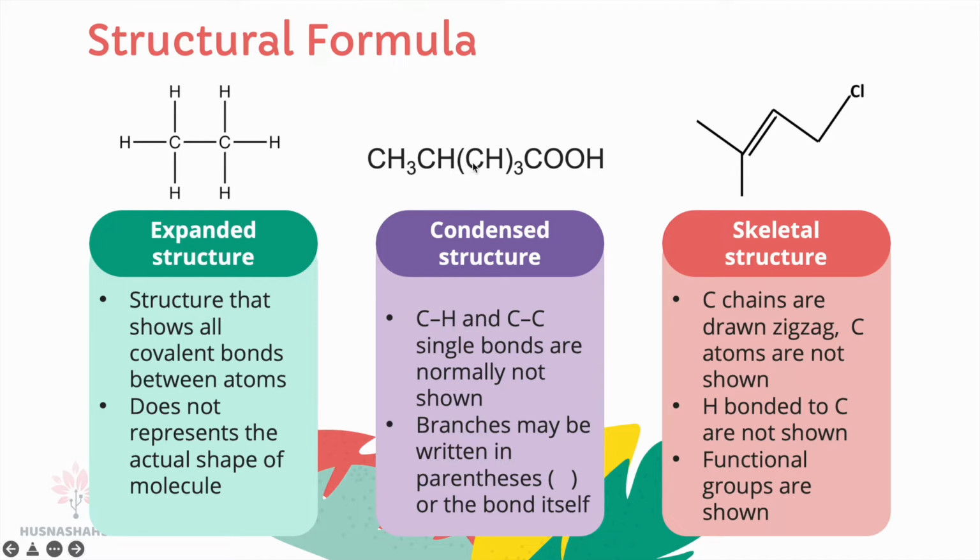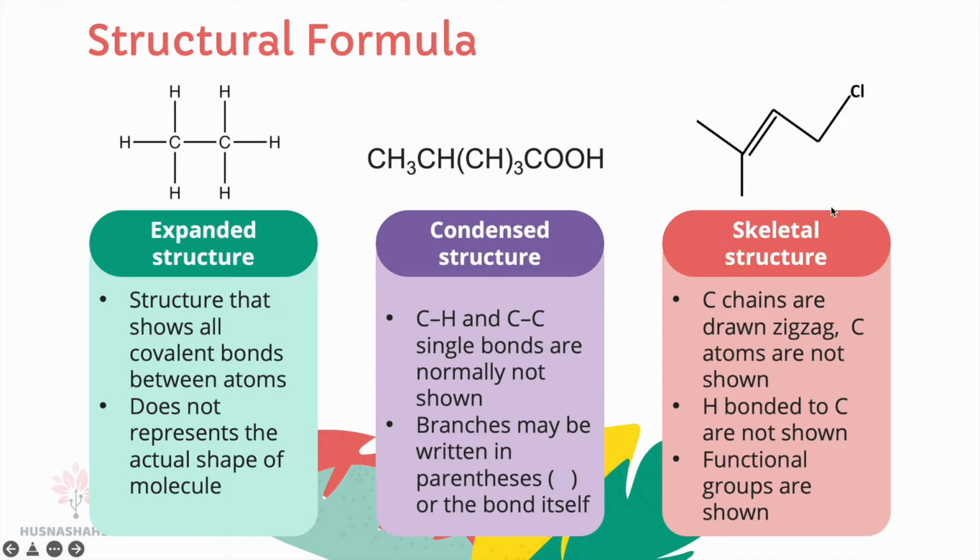So this is the branch in the parentheses. And then the C is bonded with O, bonded with another O, and the O is bonded with a hydrogen atom. So the C single bond H and C single bond C are not shown in condensed structure.